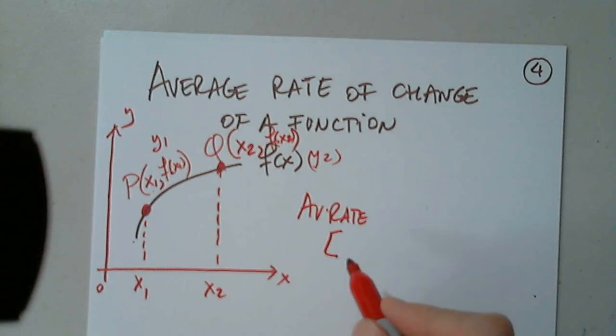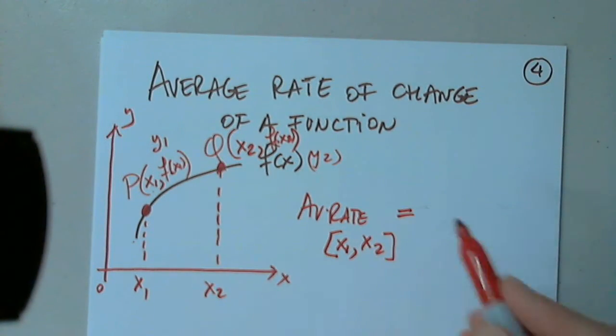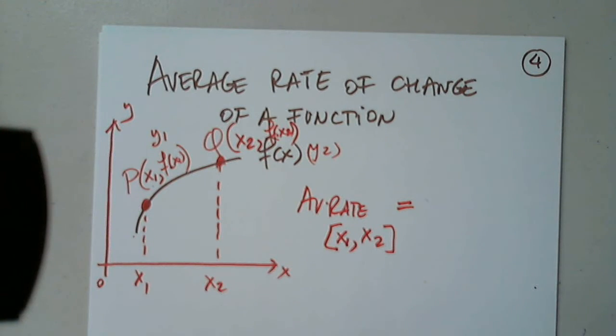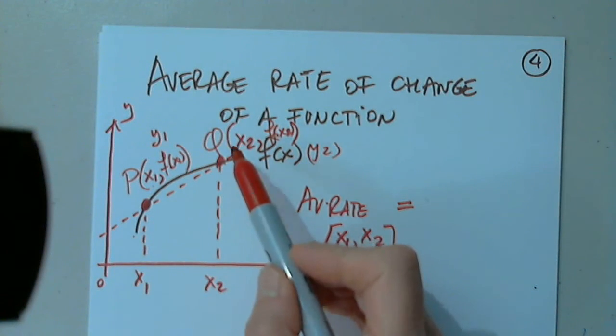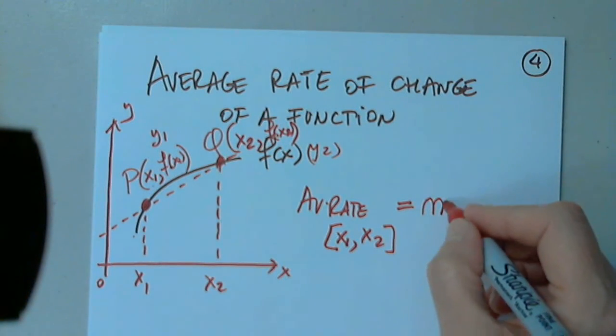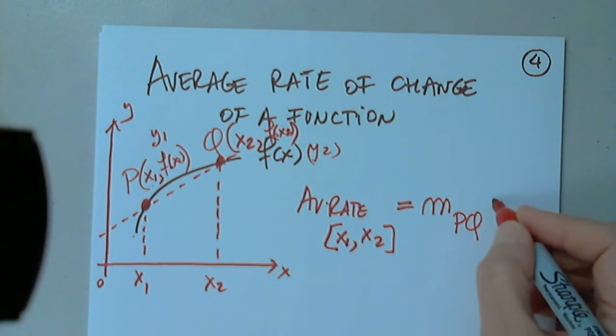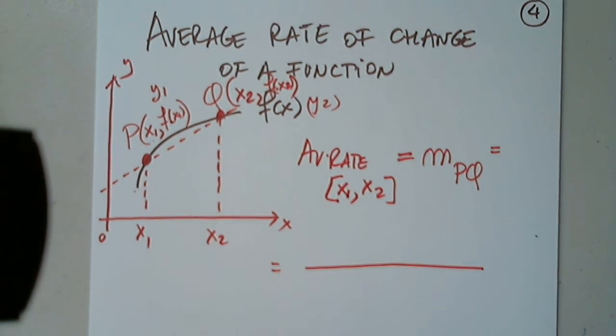Okay, so now we want to find the average rate of change of this function between x1 and x2, on the closed interval x1, comma, x2. What this represents is basically the slope of this line. That's it. It's the slope of the line PQ. Can anyone give us the slope of the line PQ?